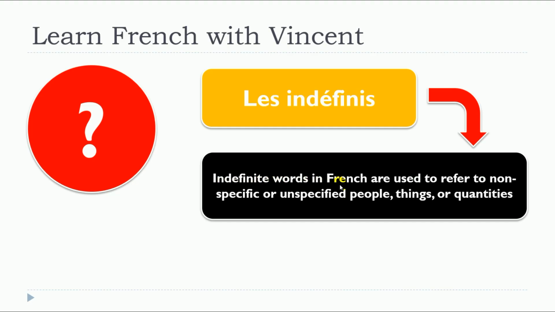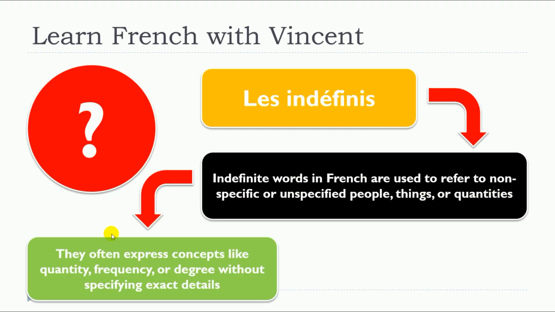Indefinite words in French are used to refer to non-specific or unspecified people, things, or quantities. This is the first point. Second point that is extremely important. They often express concepts like quantity, frequency, or degree without specifying exact details.